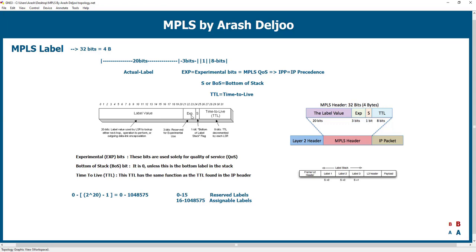The second part is EXP, and EXP has a 3-bit length, and this means that in the EXP field we can have a number from 000 to 111.